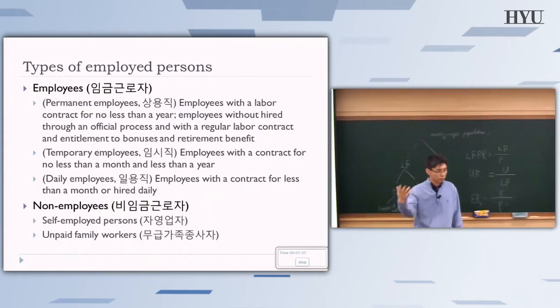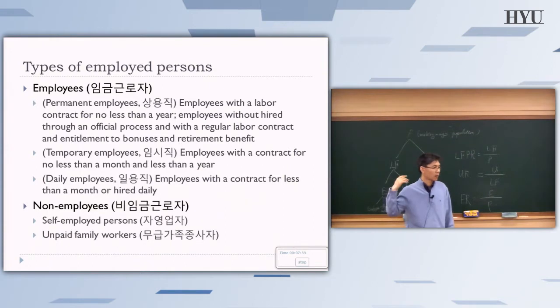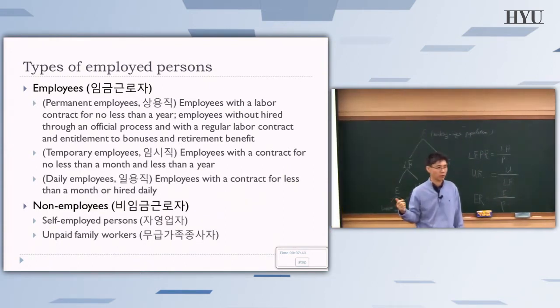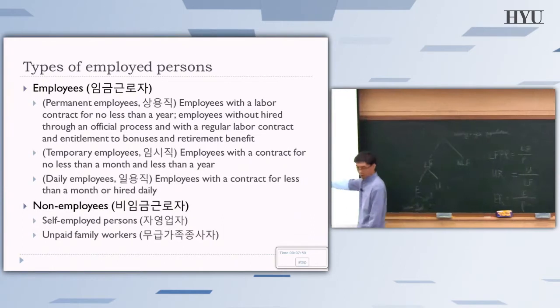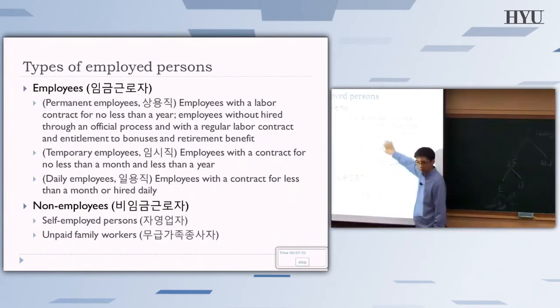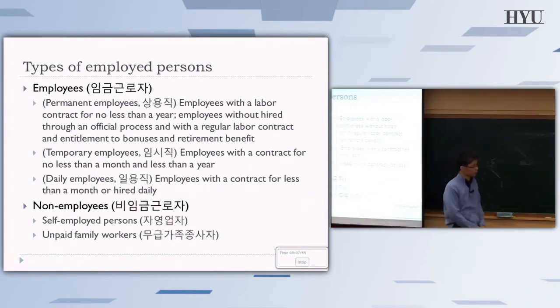They just run their business themselves, or with a family member. Then we call this person an own account worker. But anyway, that's too detailed. Sometimes you will see statistics about the size of this and the size of that.